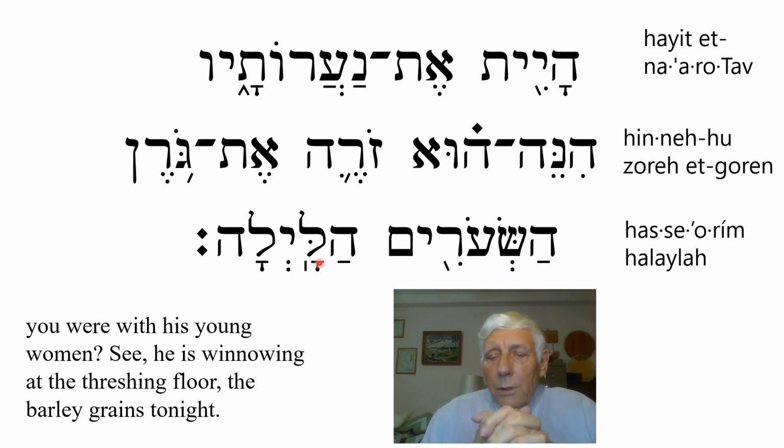It's going to be a very interesting encounter there at the threshing floor, and many other symbolic things happening there. But it's very beautiful to see the symbolism of the root behind Goren and the root behind Zore, that is the winnowing, the process of separating good from evil, or useful from unuseful. That's Zore, to thresh or to separate one from the other.